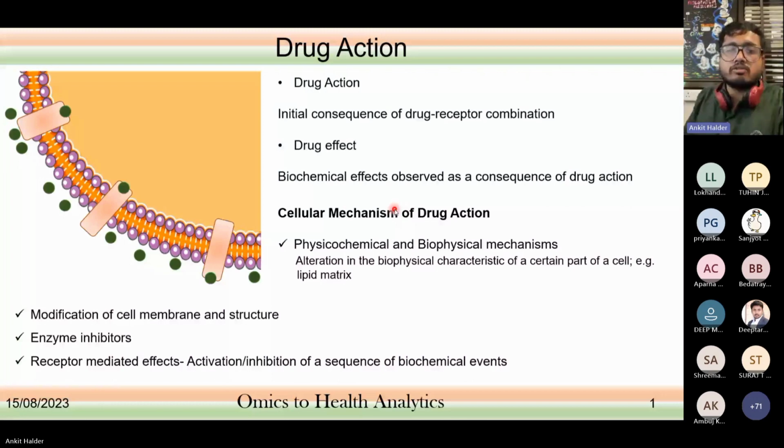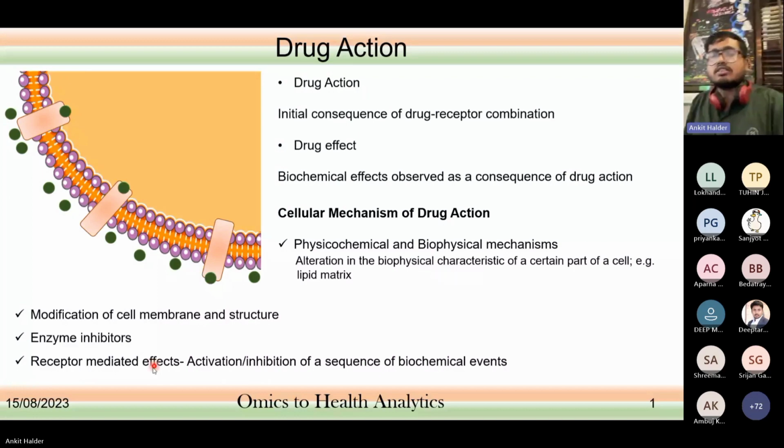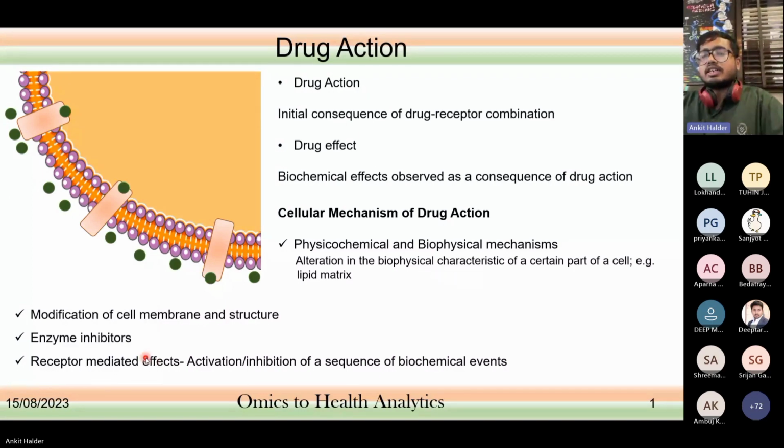But we are mostly interested in understanding the cellular mechanism of drug action, and how omics studies can help us in deciphering or identifying the drugs that work in the cellular mechanism. It helps us identify the effects, that is, how inhibiting a particular thing can help in the sequence of biochemical events.